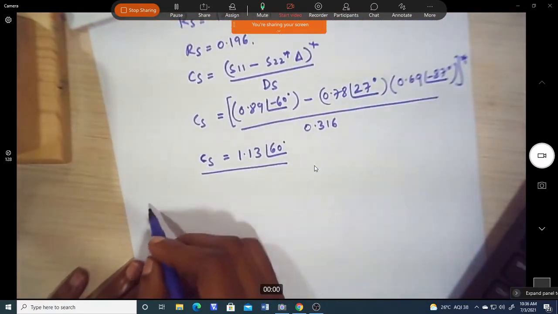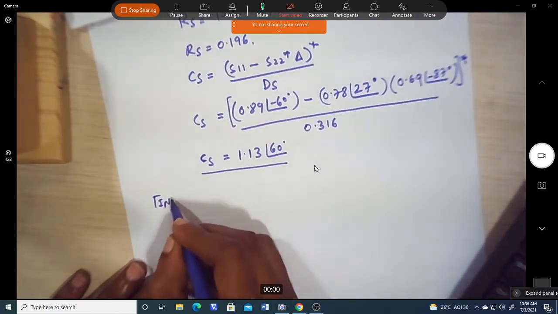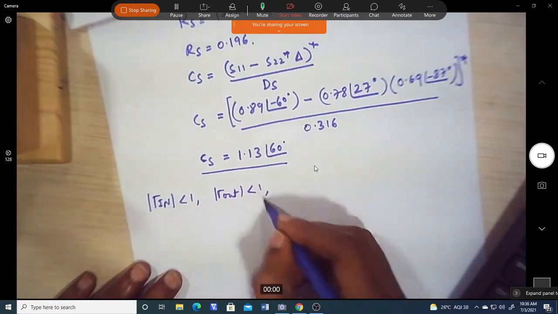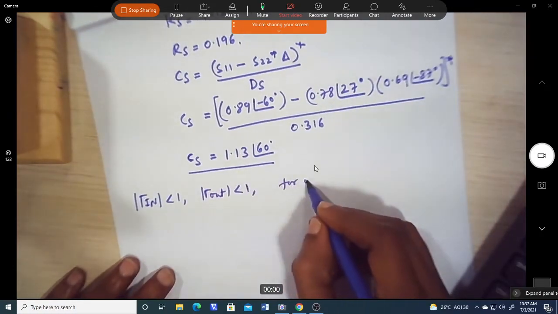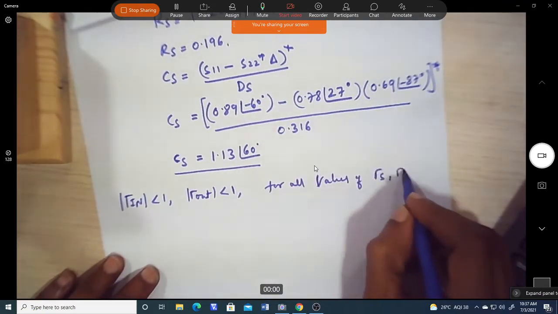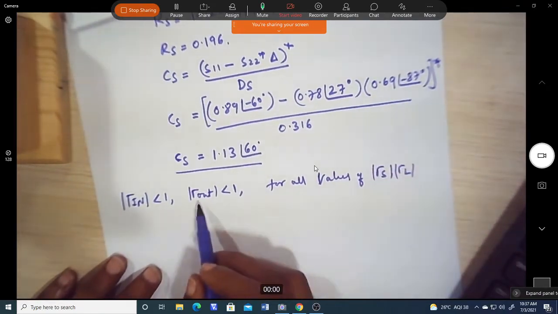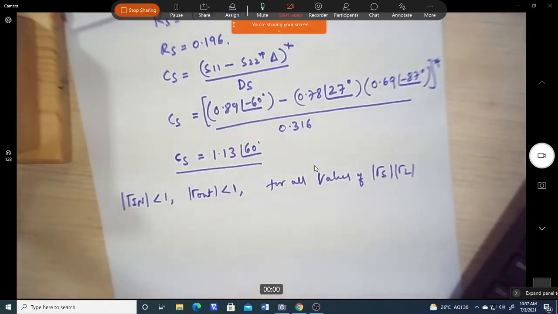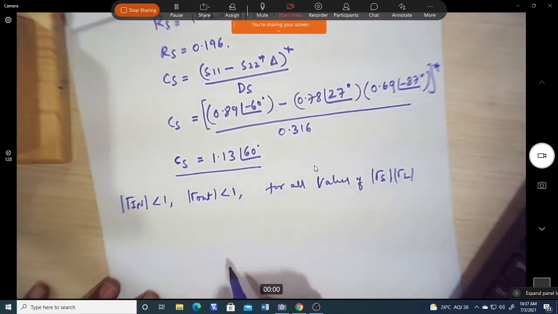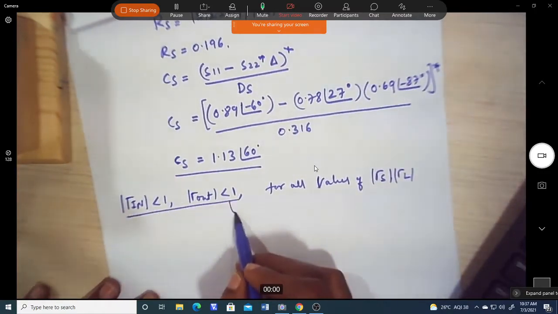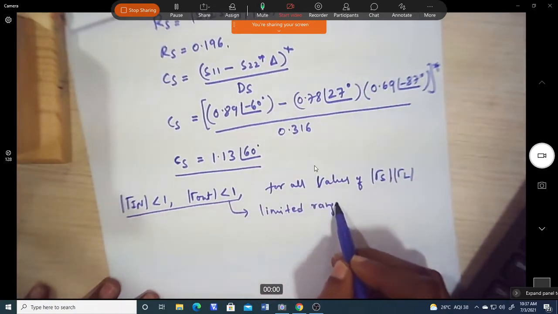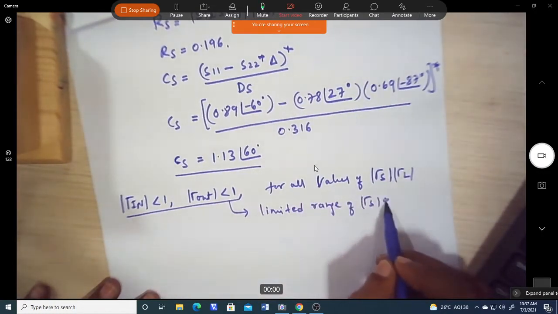We have seen that gamma in should be less than 1 and gamma out should be less than 1 for all values of gamma s and gamma l. That is the unconditionally stable case. For conditionally stable or potentially unstable, this holds only for a limited range of gamma s and gamma l.